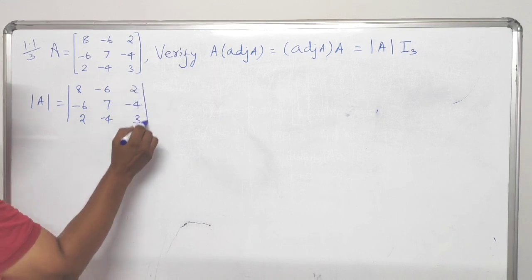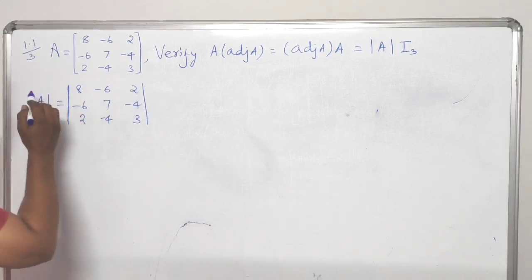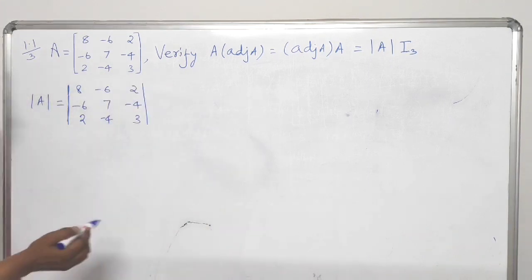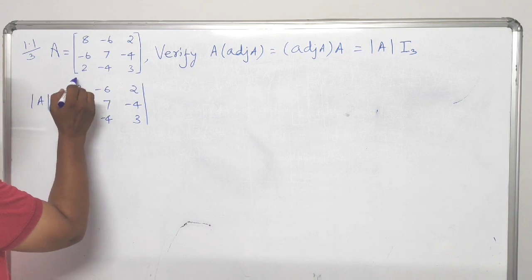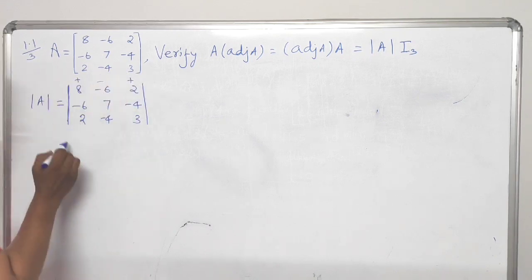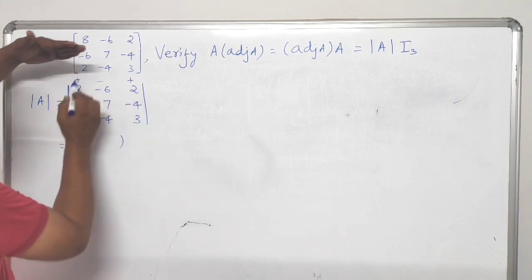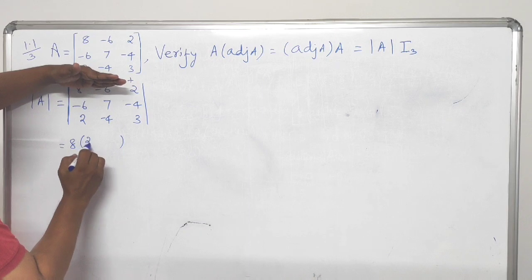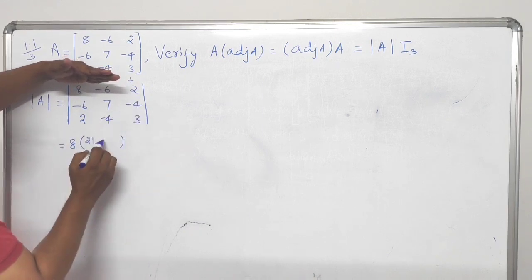Now we can find the value of this 3 by 3 determinant by expanding along any one of the rows or columns. We expand through the first row, therefore we take the signs plus, minus, plus. First one is plus 8, therefore we write 8 into its minor value. Leave this row, this column: 7 3s are 21, minus 4 into minus 4, plus 16, therefore we write 16 here.